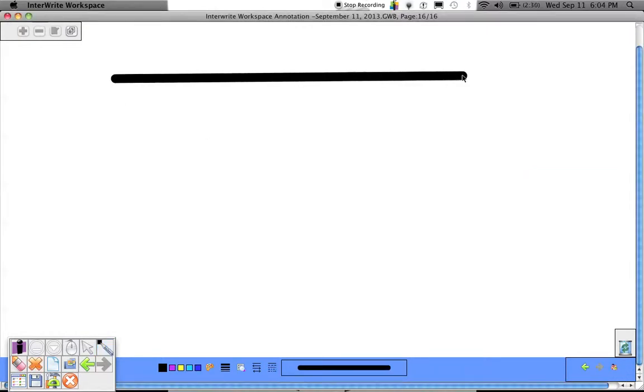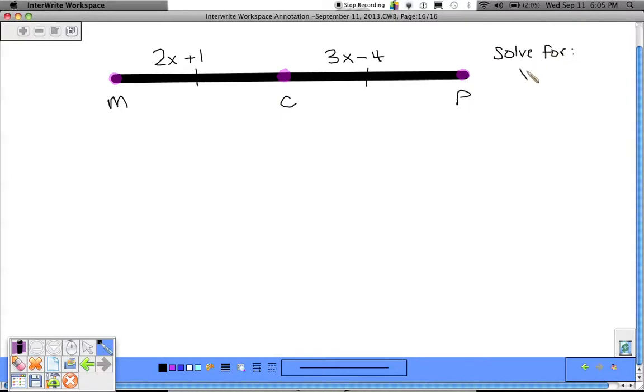So if we're given a segment and we're given 3 points, and we'll call them M, C, and P. Okay, so if I tell you that this is 2x plus 1 and this is 3x minus 4, but I tell you that these two halves are congruent, and I ask you to solve for x, MC, CP, and MP.